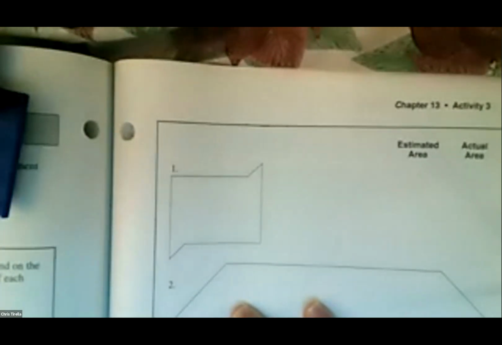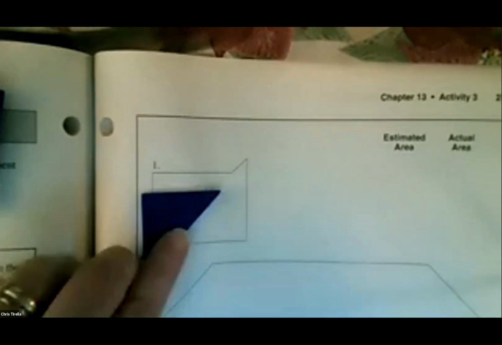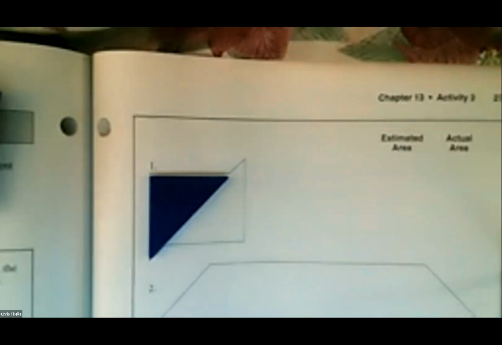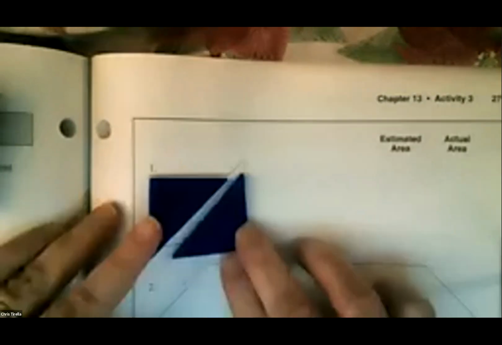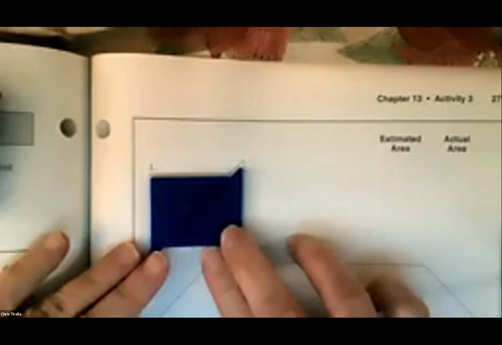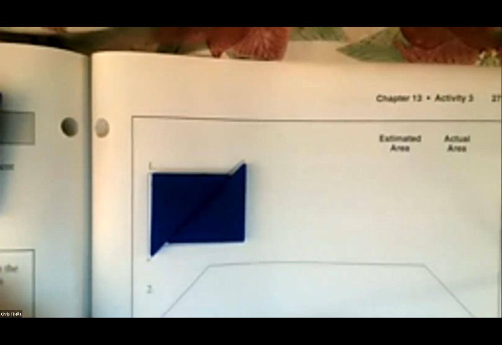This time we want to find the area of this unique shape. I'm going to take my basic tangram and try to cover that area with my tangrams. Do you see how this would have an area of 2 tangrams? I'm using my basic unit to measure that.